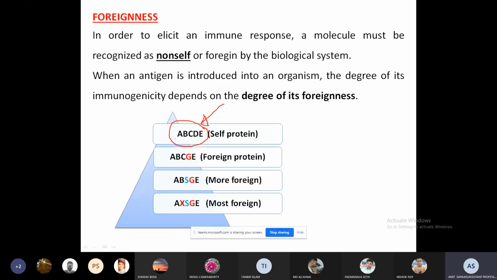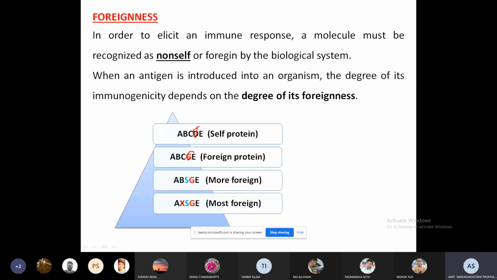Okay, fine. Now one microorganism entered your body, and that microorganism has a protein with the combination A, B, C, G, and E. So the only thing that happened is the D amino acid has been replaced with G. So 1/5 has changed.